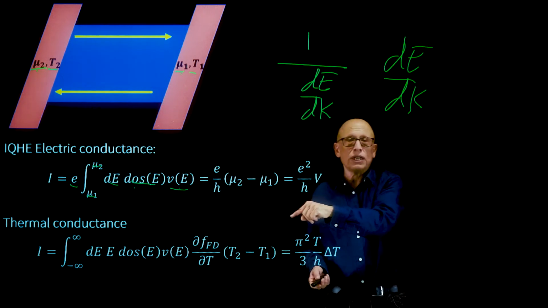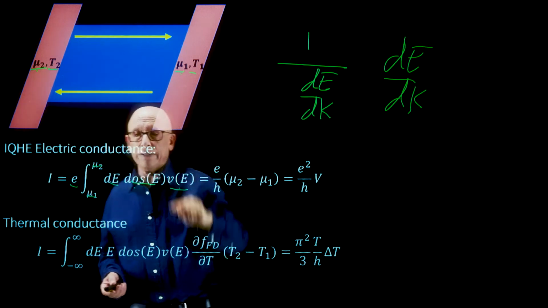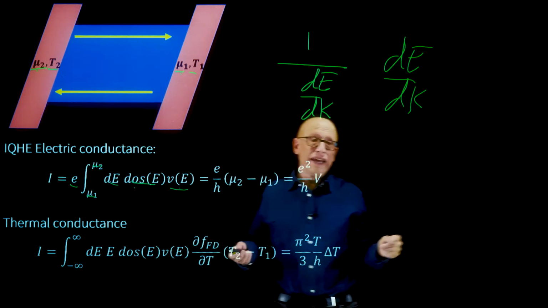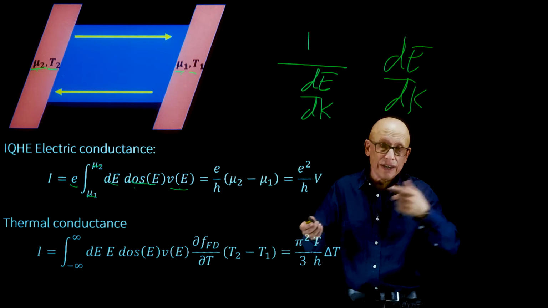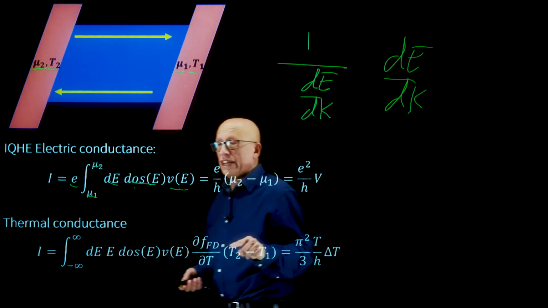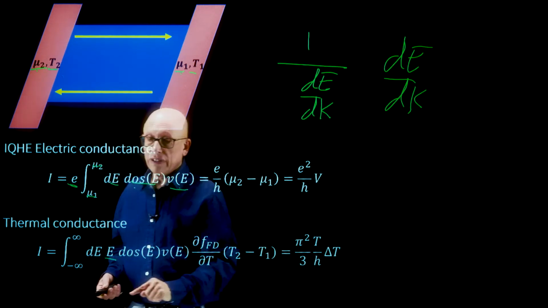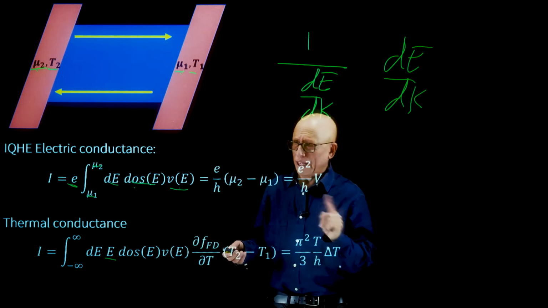Now let's look at the thermal conductance. We now put two different temperatures, T2 and T1, and ask what is the thermal current, or the energy current, that's flowing. Well, instead of each electron carrying its charge, now it carries its energy. They have the same letter, but by coincidence.